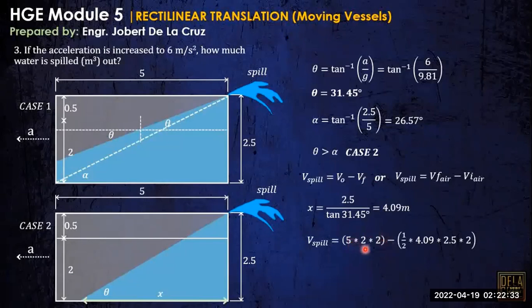So that will be, this is the volume of water initially, no? 5 times 2 times perpendicular na 2 minus yung volume ng water natin, final volume. Ito, no? So take note, this is a triangle. So 1/2 of base, which is 4.09 times height na 2.5 times perpendicular distance na 2. So we can have the value of volume of spill as 9.78 cubic meters.